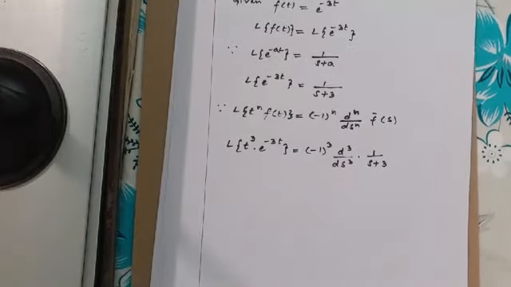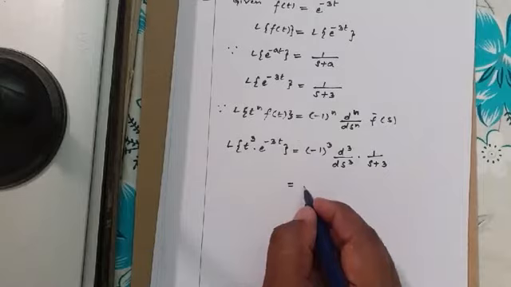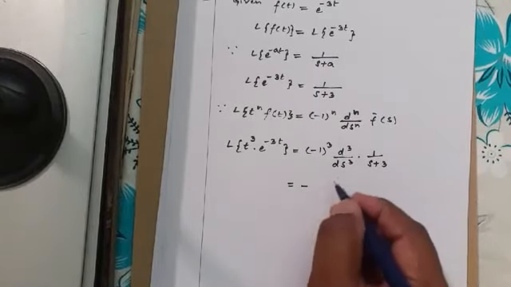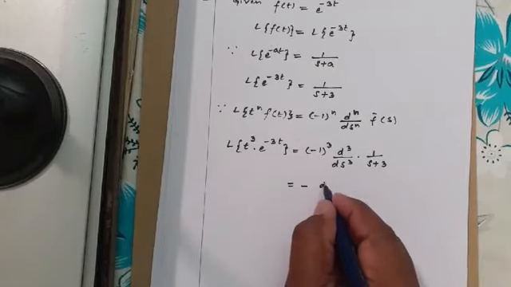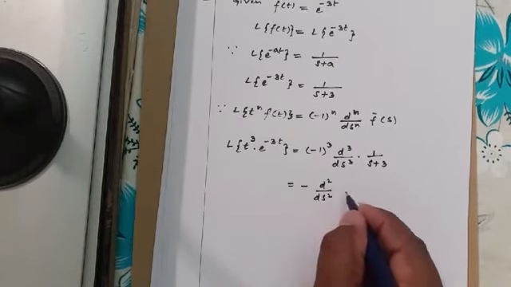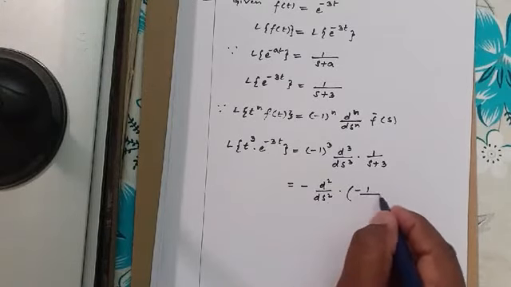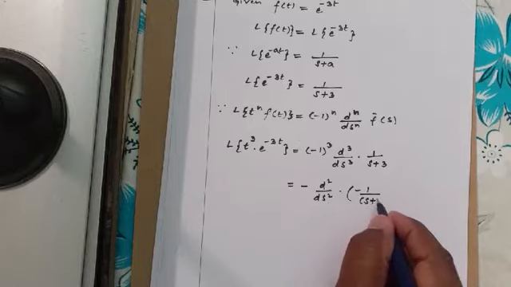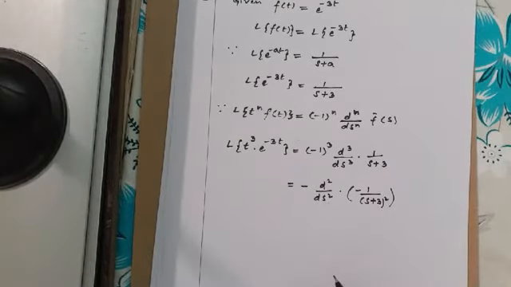Now, in the next step, minus 1 whole cube is nothing but minus. And if you differentiate 1 upon s plus 3 once, then here you can write d square upon ds square. Now I can write this as minus 1 upon s plus 3 whole square. As you know the formula, d by dx of 1 by x is minus 1 by x square.